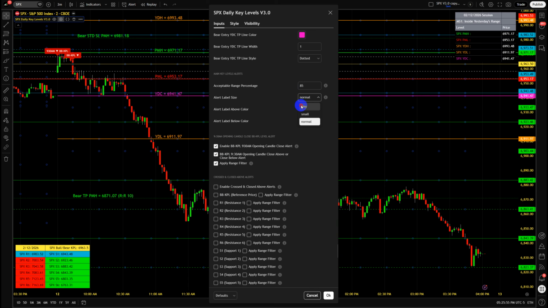If you turn them on tiny, then they're going to be that size. So it's just up to you. Anyway, the default is set to small, but that's whatever preference that you want. You can also change the color of these as well if you don't like the default color. Okay, so let's just go ahead and turn these off.